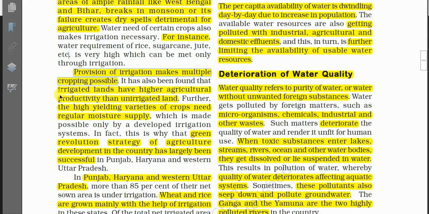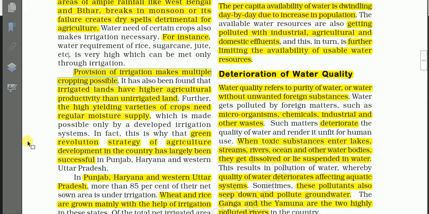And provision of irrigation makes multiple cropping possible. So if we irrigate the land, it makes multiple cropping possible. Say if there is water and if the temperature condition is favorable, then we can practice double cropping, triple cropping, or multiple cropping if irrigation is provided.